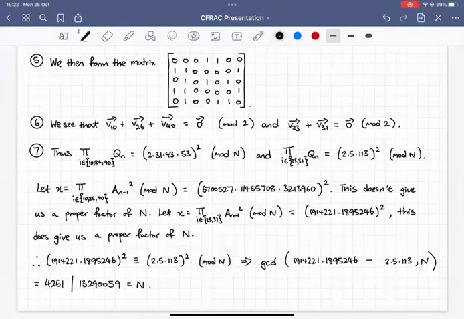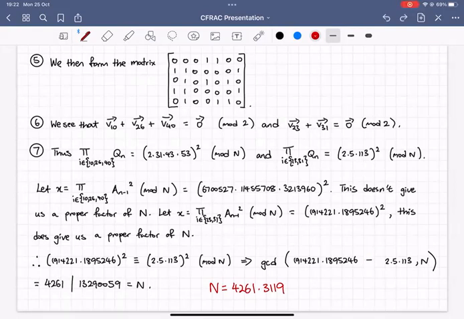Let me just look through the rest of my notes and see if there's anything I missed out on. I should probably say what n actually factors into. 3,119, and to find the other factor, you can just change the negative sign to a positive sign.